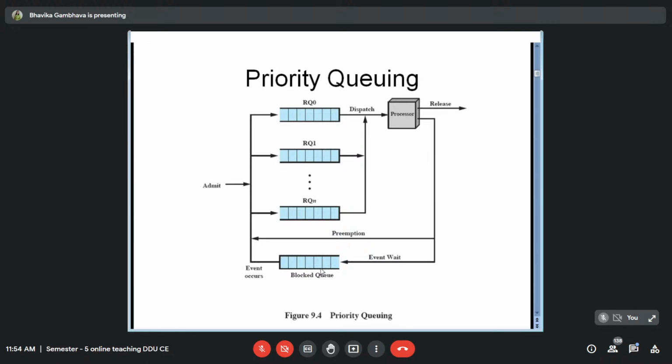If you have multiple ready queues, then you have to start looking from the highest priority to the lowest priority. Of course, memory will be more utilized, but the execution will be easier. If you have just one queue and all the priorities are kept in that, then whenever a process comes, we will have to see where to put it. You will have to scan and then put it appropriately. And apart from that, are you getting me?